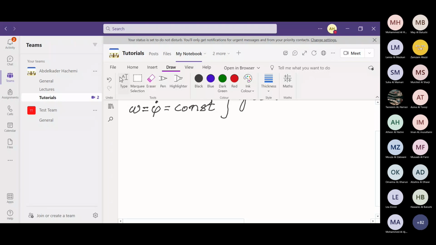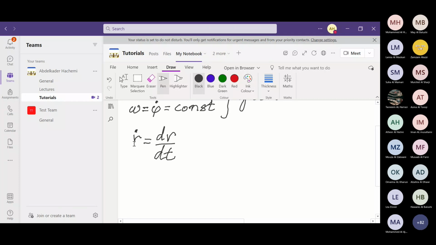Now, by definition, we know that r dot is given by dr over dt. This is the position, and the time derivative of the position gives the velocity.